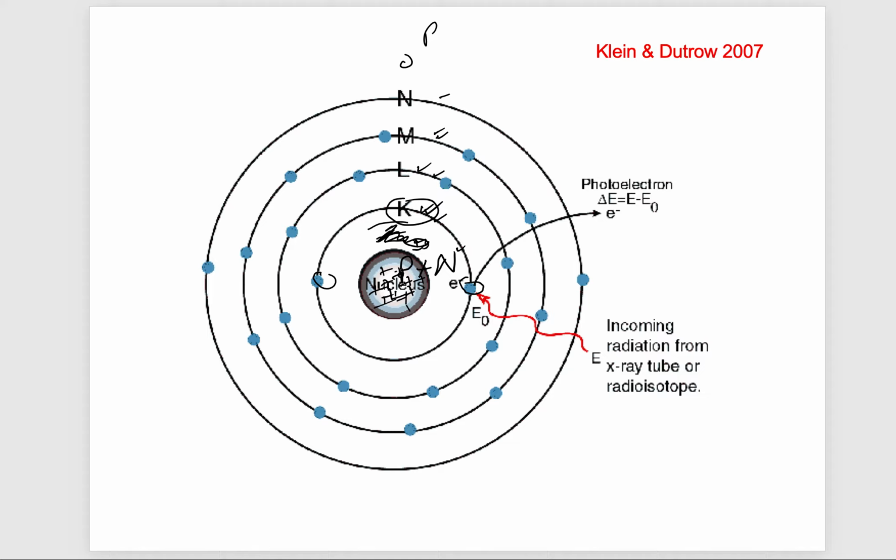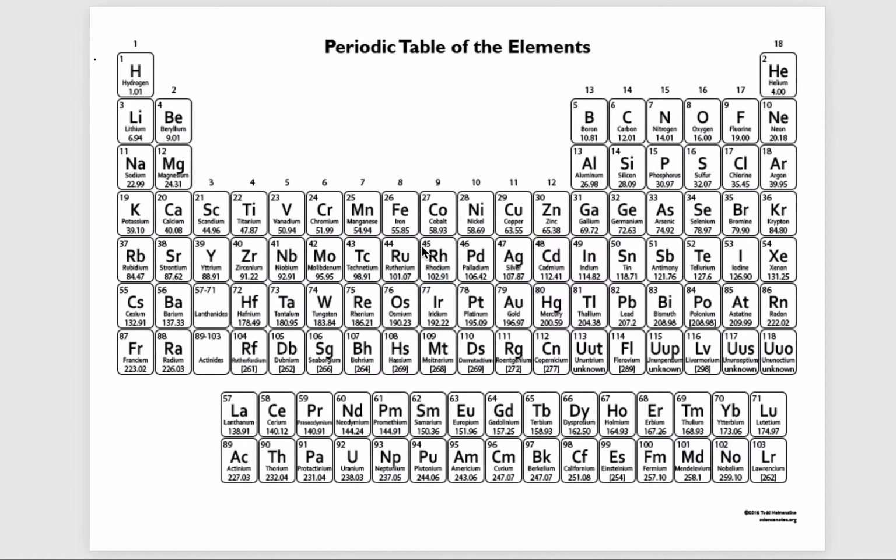If you have an even bigger nucleus, let's say you have a uranium atom with 92 protons, well, we're going to fill up a lot of shells. The L shell can only hold exactly 8 electrons. And so that brings us back to the periodic chart. The way that it's structured vertically is that we're showing the filling of the K shell.